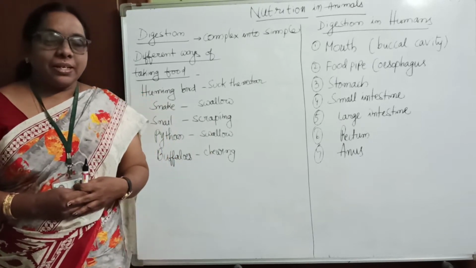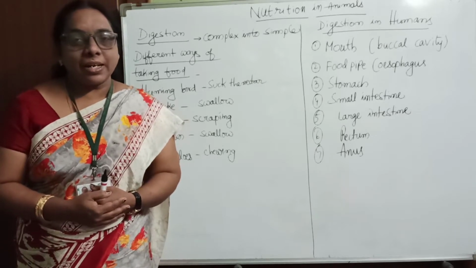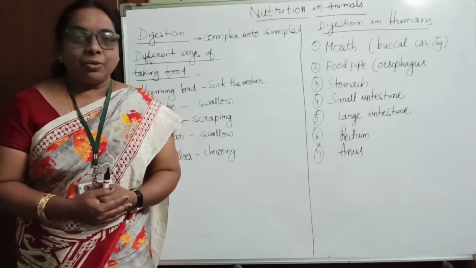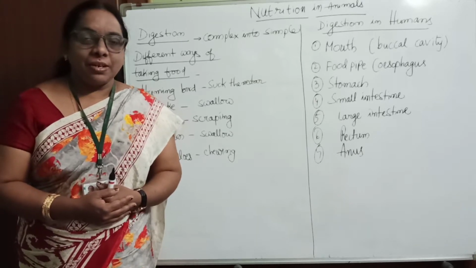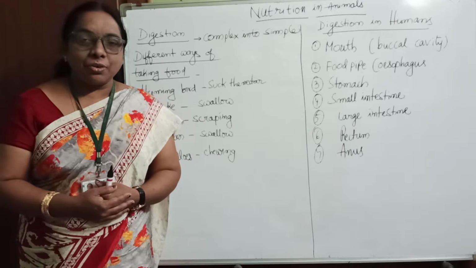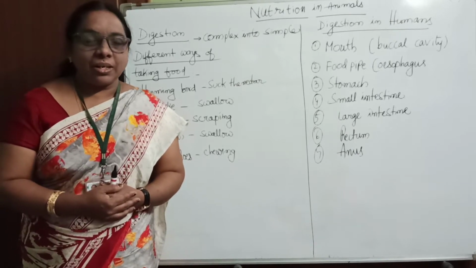Let me say how you get energy. You all know it is through food. Why is food necessary for us? Food is necessary for our growth and to continue all our metabolic activities.